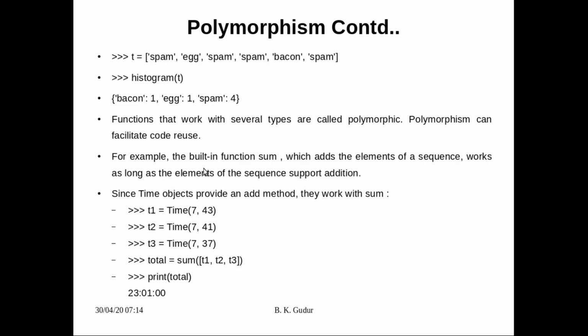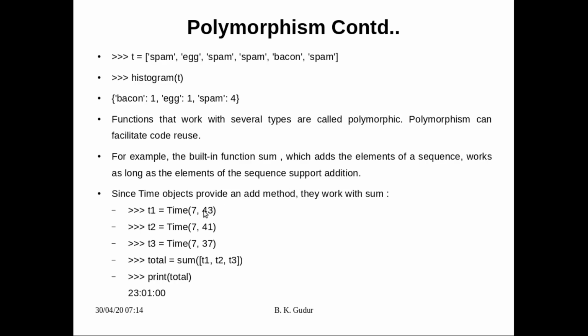For example, the built-in function sum, which adds elements of a sequence, works as long as the elements of the sequence support addition. Means if the elements support addition, it will work for all those elements. Since time objects provide an add method, they work with sum.